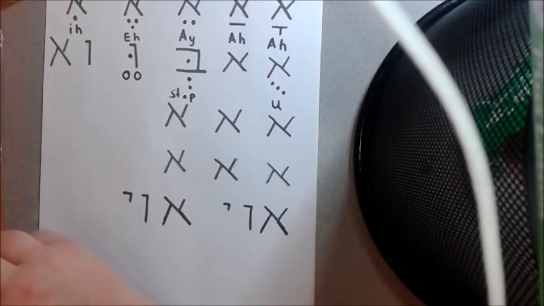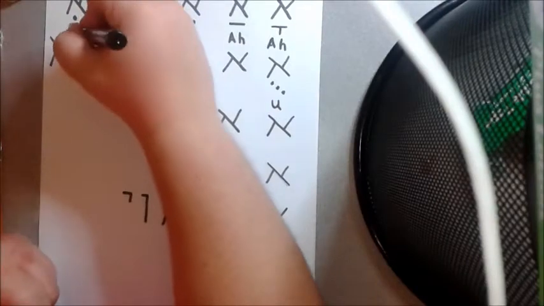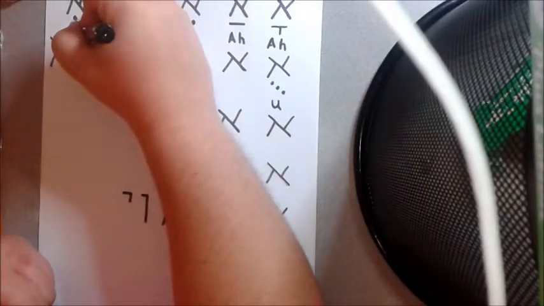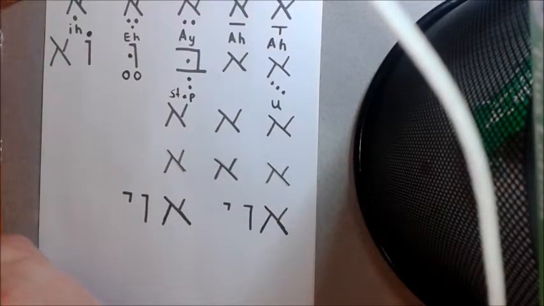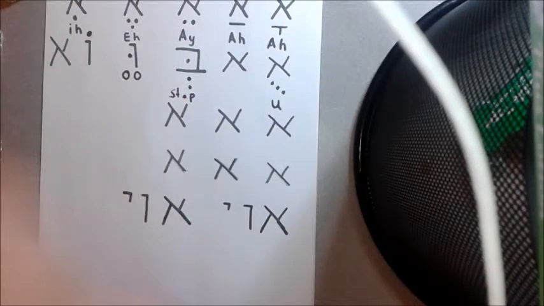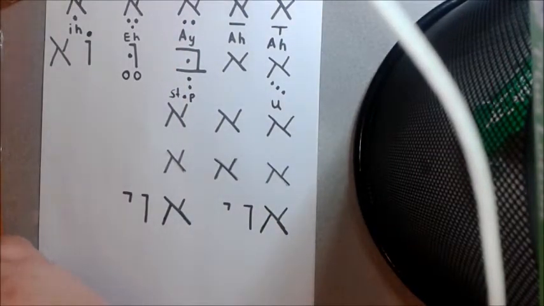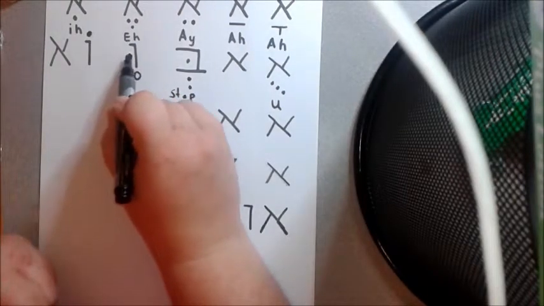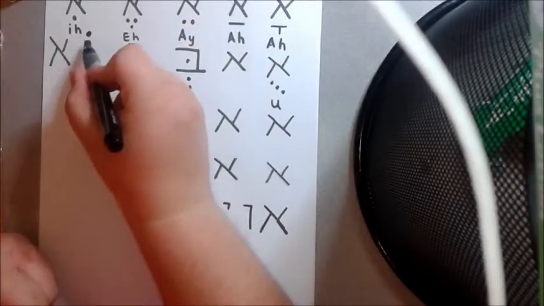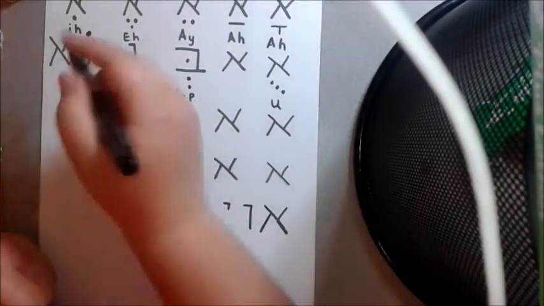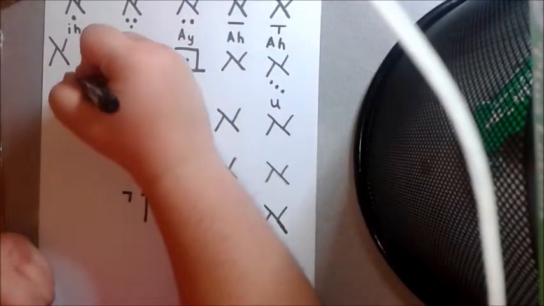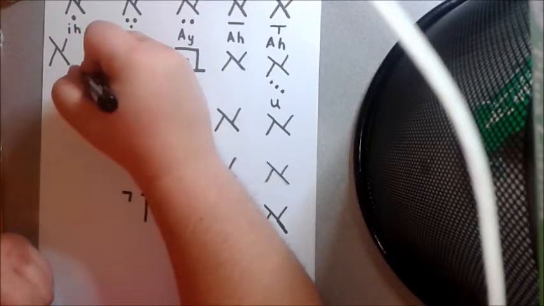So, the next one is going to have this dot at the top. I'm sorry these are running together a little bit, but I hope this is clear enough. So here's the vav with the dot on the inside of it, and here's the vav with the dot on top of it that will say o.